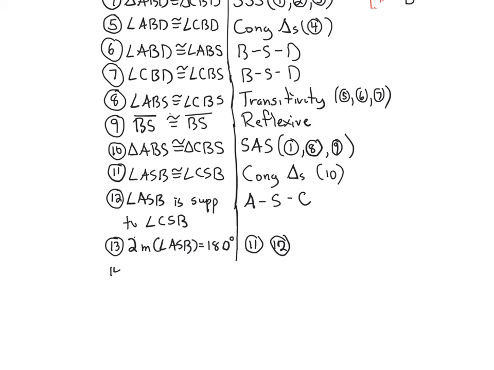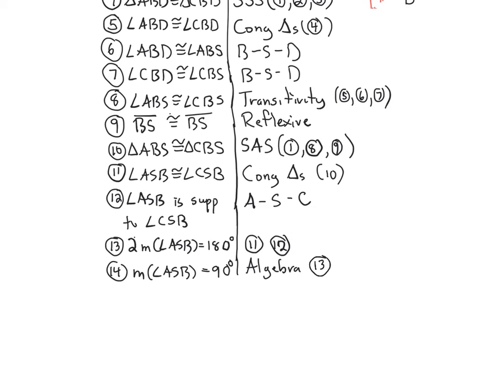So line 14 is that the measure of angle ASB is, of course, 90 degrees. We just divided both sides by 2. And so I guess the reason we could put here is algebra. Why not? And we would just manipulate it.